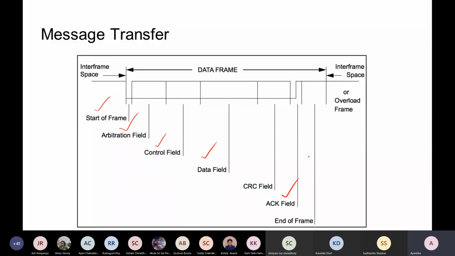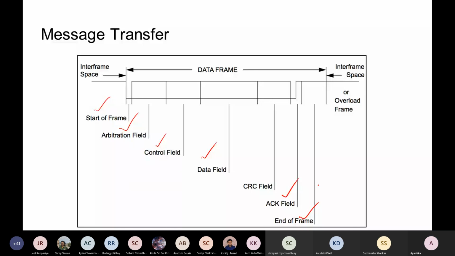The acknowledgement field is set when any receiver sends an acknowledgement for a particular message, saying yes, I have received that frame. That is important for reliable communication, so the transmitter also gets the information that whatever it has sent has been received by the receiver. And next, end of frame, again important for synchronization between sender and receiver.